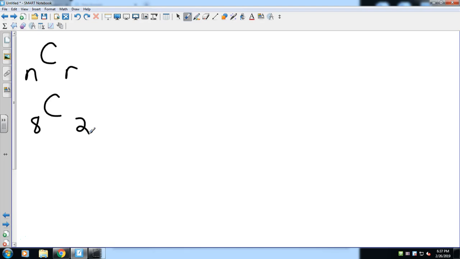So we are looking at n factorial all over n minus r factorial times r factorial.